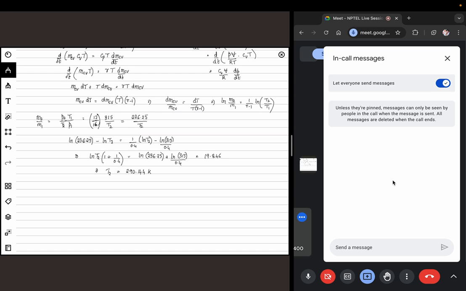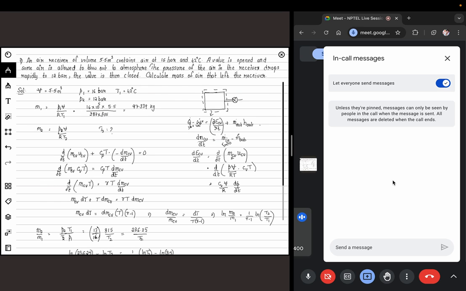Once I calculate the value of T2, mass is straightforward. So you can calculate M2 to be 236.25 times M1.